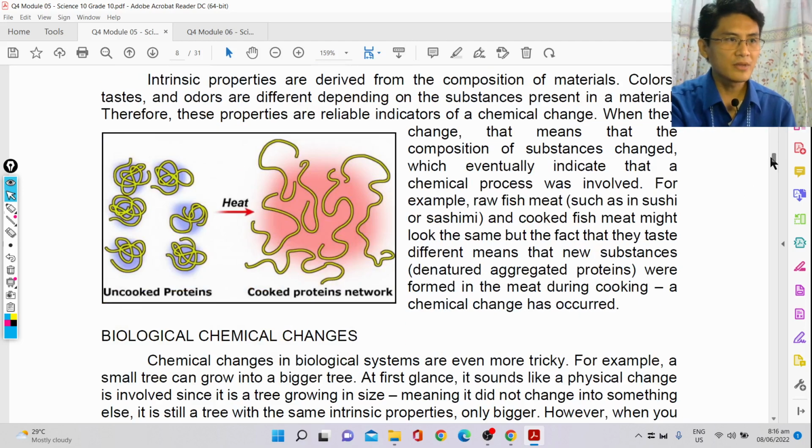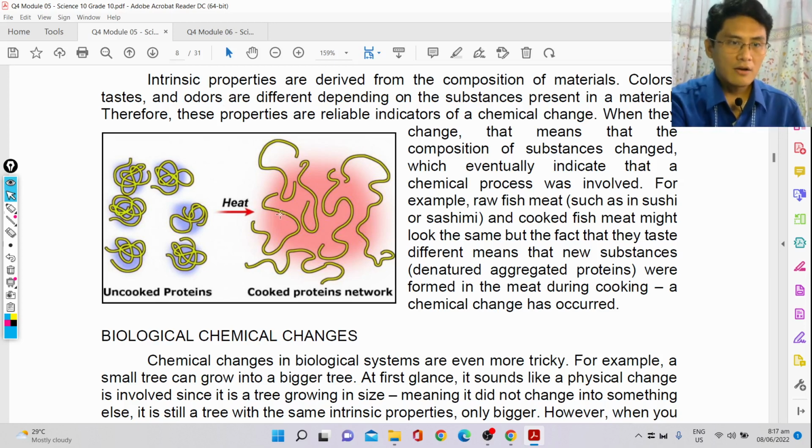So for example, here, colors, taste, and odors. This is a more reliable way, because remember, colors, taste, and odors are intrinsic properties. So if the properties of the substance you start with and the properties of the substance you end up with are different, it probably means that something has changed.